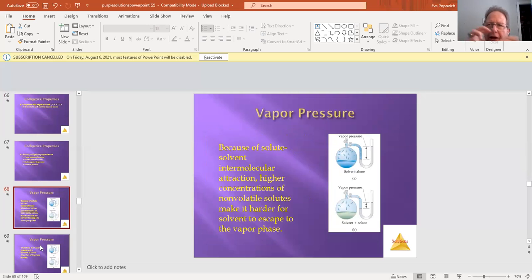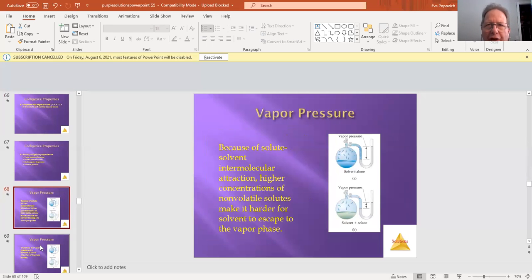There are intermolecular forces there. So therefore, as you add more of the solute in there, you get more of the solvent that's bound up by this solute-solvent intermolecular interaction. And because of that, vapor pressure is dependent on concentration.